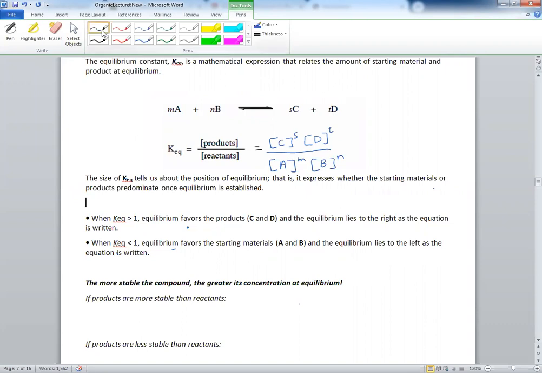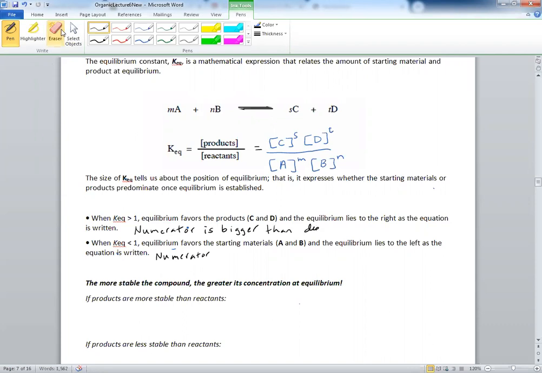So think about it. You can plug in any numbers to verify this. If your numbers on the top are larger than the numbers on the bottom, this indicates, or if you have a KEQ that gives you a large number, it means your numerator is bigger than the denominator.